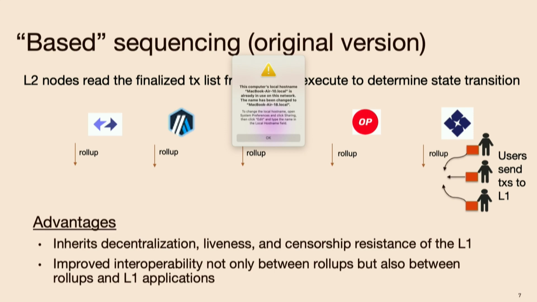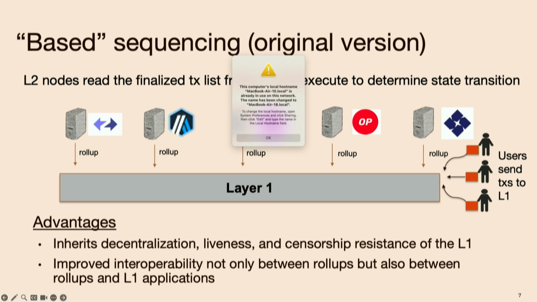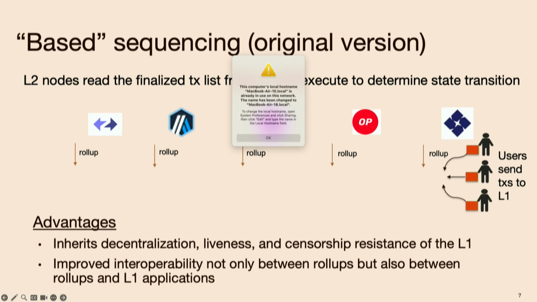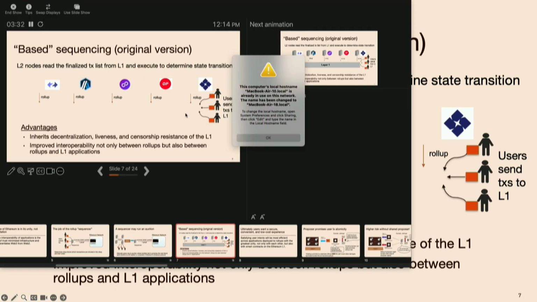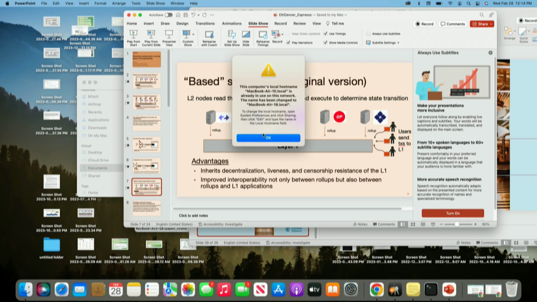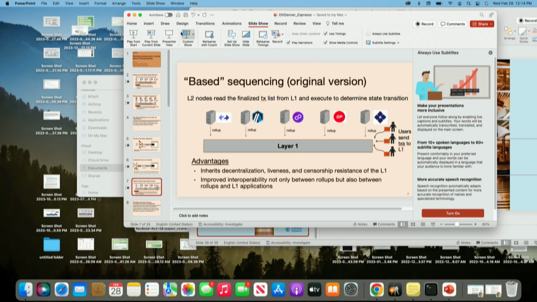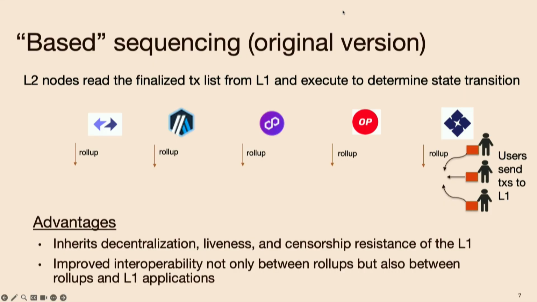Now, based sequencing, which is really the original version of rollups, is as follows.